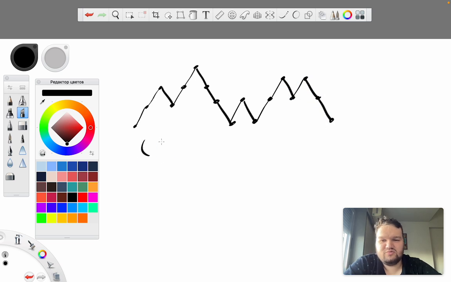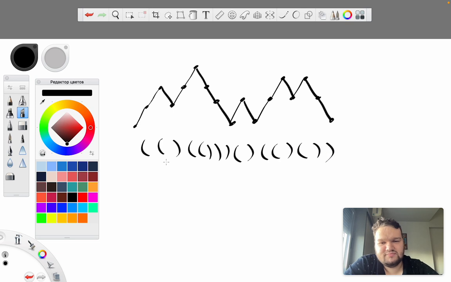So it's like open, open, close, open, open, close, close, close, open, close, open, open, close, open, close, close. So we start at balance 0 and we never go lower than 0. And the operation we do is to choose this thing and remove it and glue together these two points.